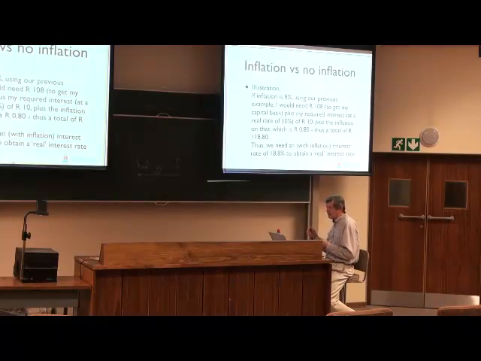So I need 118 Rand 80 cents back at the end of the year under an inflation of 8% with an interest rate of 10%, so as to still get my real interest rate of 10%. Thus we need a with-inflation interest rate of 18.8% to obtain a real interest rate of 10%.